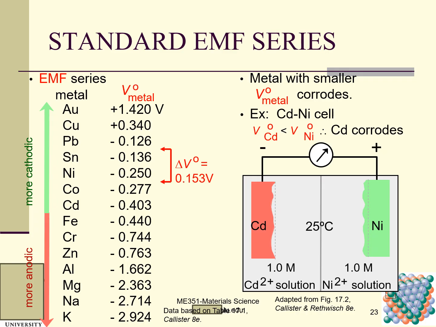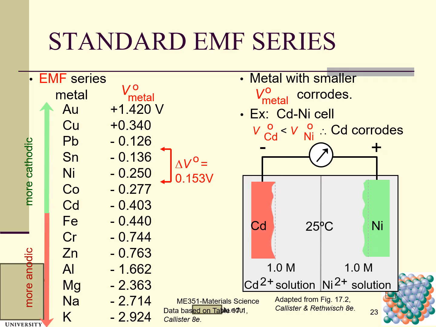Cadmium gives up 2 electrons for each atom, and these electrons will go and reach here. As a result, some of these nickel ions will acquire these electrons and become atoms. So nickel atoms will deposit on the surface.